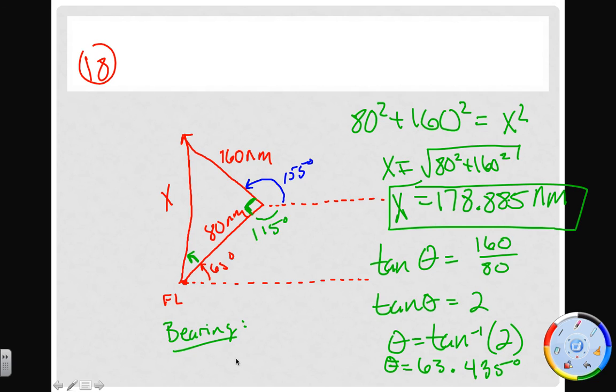So I get a bearing of 128.435 degrees. Let's go ahead and do a quick double check. If I'm wrong, I'll have to fix it, but let's see, number 18 for this one: 128.435, measuring 178.885 nautical miles. Looky there.